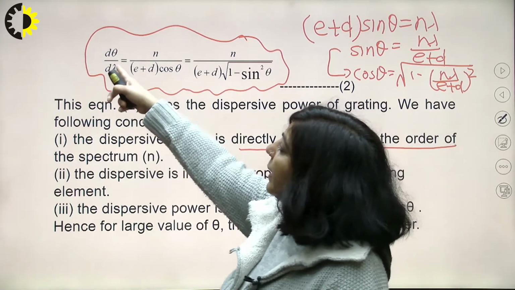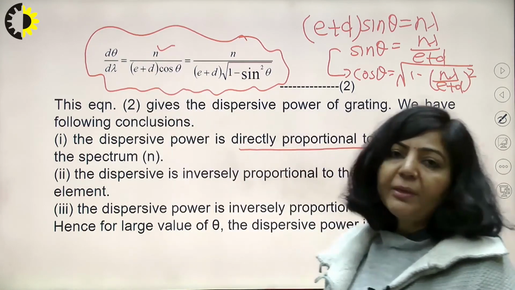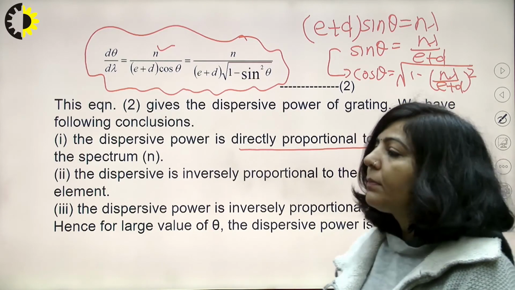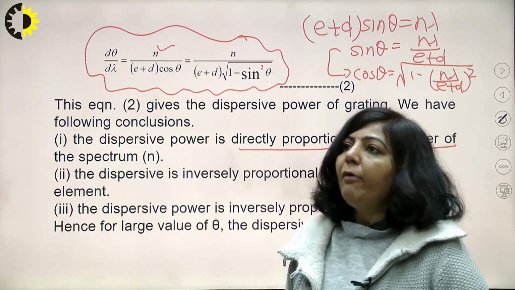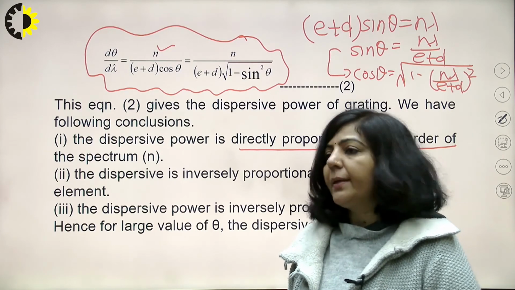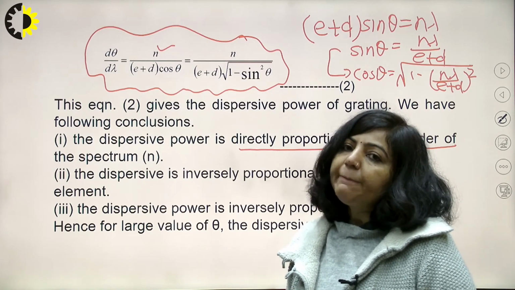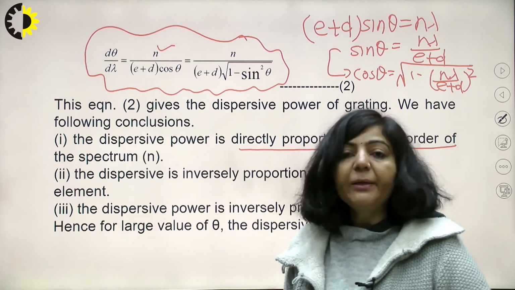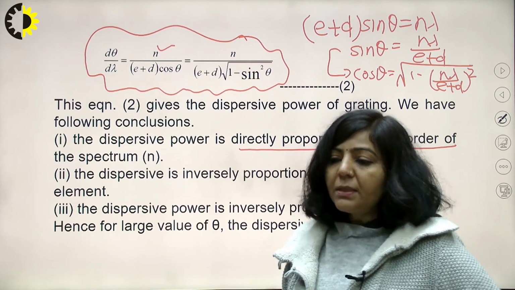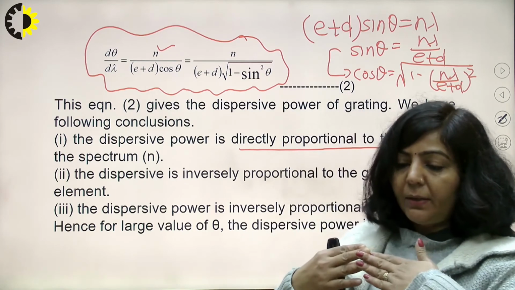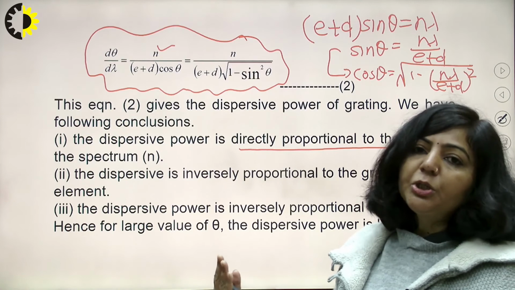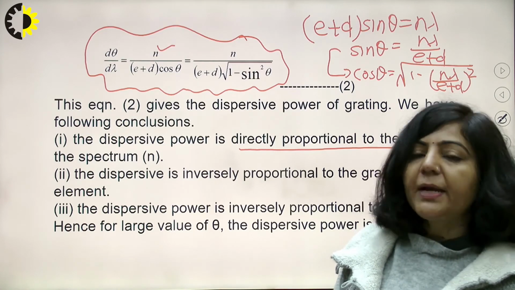You can see here that d theta by d lambda directly depends upon n. For a particular light source, if you have first order spectra and second order spectra, the dispersive power directly depends upon the order. It means the colors of first order will disperse less, whereas the dispersion for the higher orders will be more.